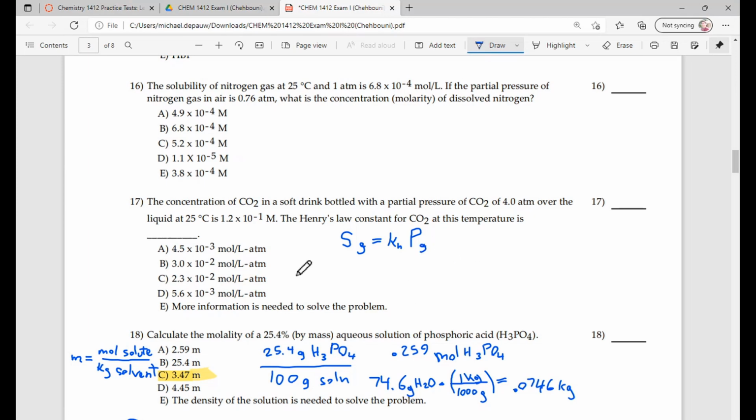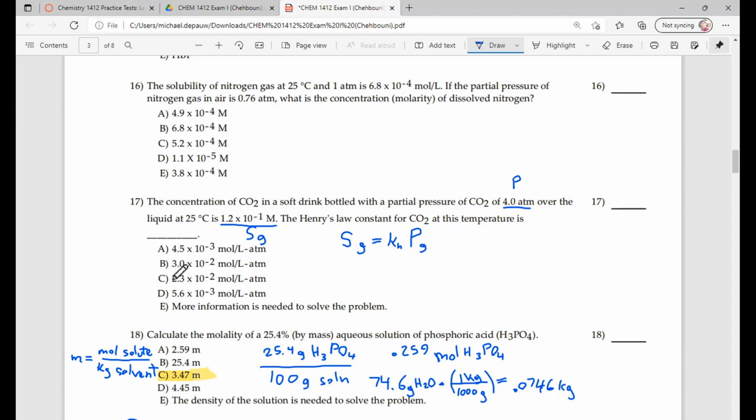So it's actually a really simple relationship, which unfortunately you have to memorize. The solubility of the gas is given as the concentration, and then the pressure of the gas is given. So you just have to solve for Henry's law constant. What would it be?